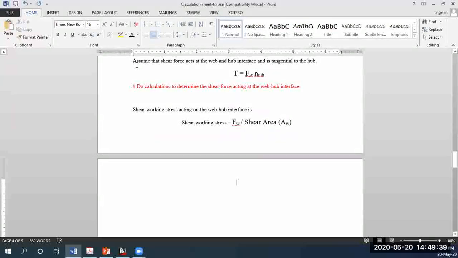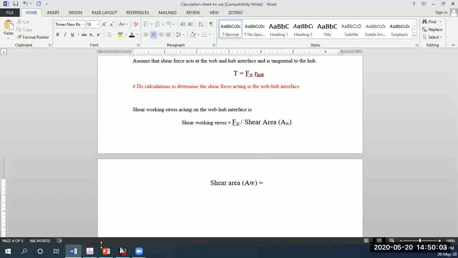So how would you find the shear area? Something of which you guys should be aware because you've done some things similar in high school. Shear area, which is the area of the web.